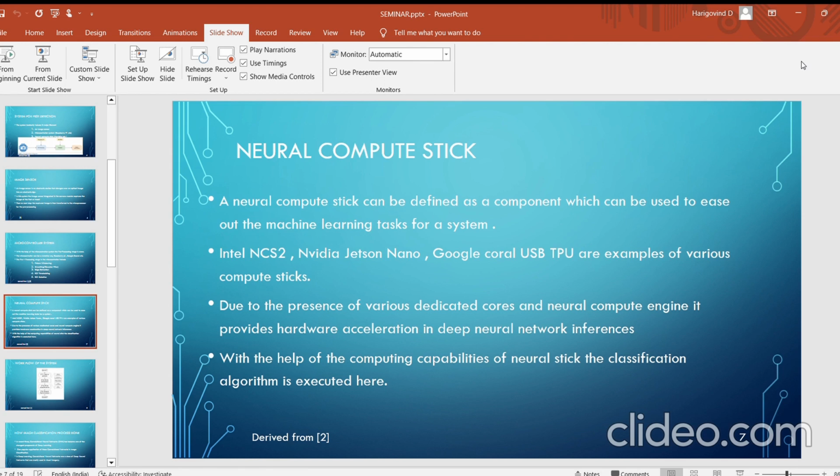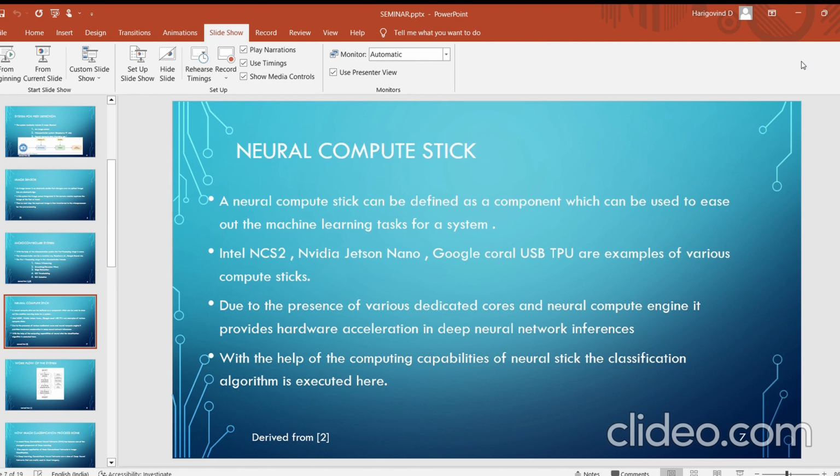Handling big tasks like adding machine learning or artificial intelligence algorithms will congest the system, so it will take more time to make predictions and give results. To ease this, we use the neural compute stick.